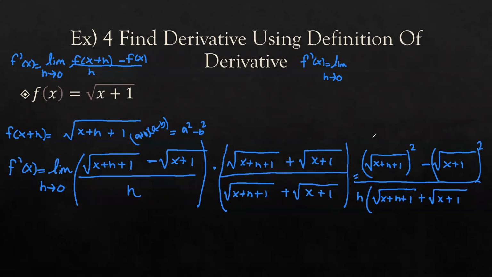So on the top, this is going to be x plus h plus 1 minus x plus 1. So if you distribute this minus, it's negative x minus 1, and then the x cancels and the 1 cancels. So you're just left with h. And on the bottom, you're also left with h, times the parentheses.